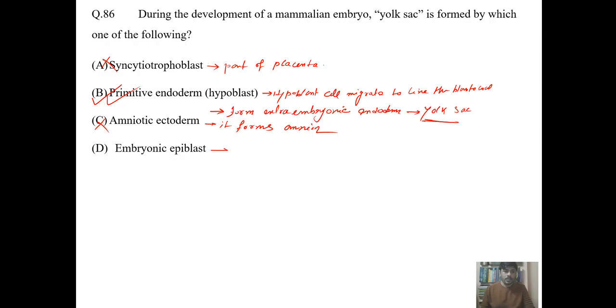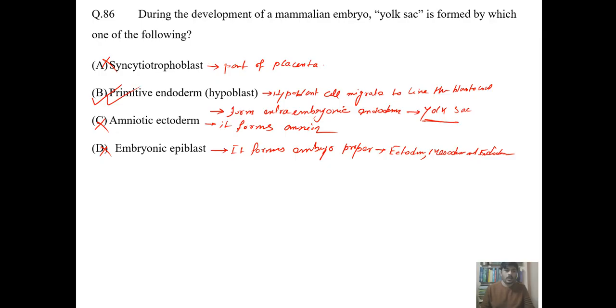Embryonic epiblast forms the embryo proper, which means it gives rise to ectoderm, mesoderm, and endoderm. So this is also wrong.